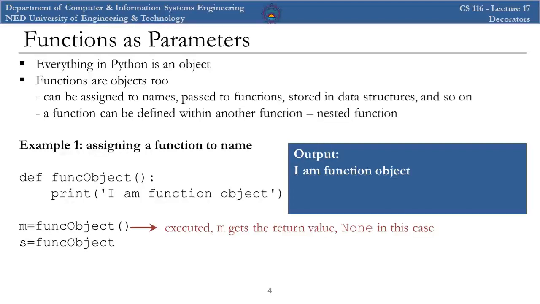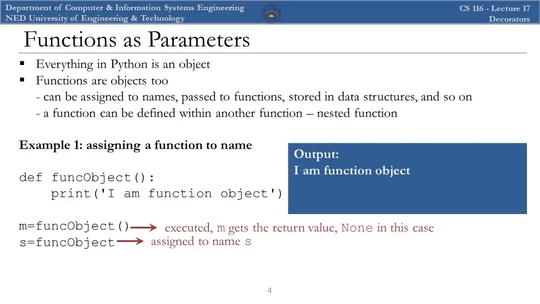Now, in this second statement, notice that I'm not using the round brackets at the end. That means I'm not executing this function. What this statement will do is assign, or actually link, this function object func object to s. So here you are manipulating this function as an object. It will not execute the function, but it will consider the function an object, and that object will be assigned, in fact linked, to the variable name s, right?